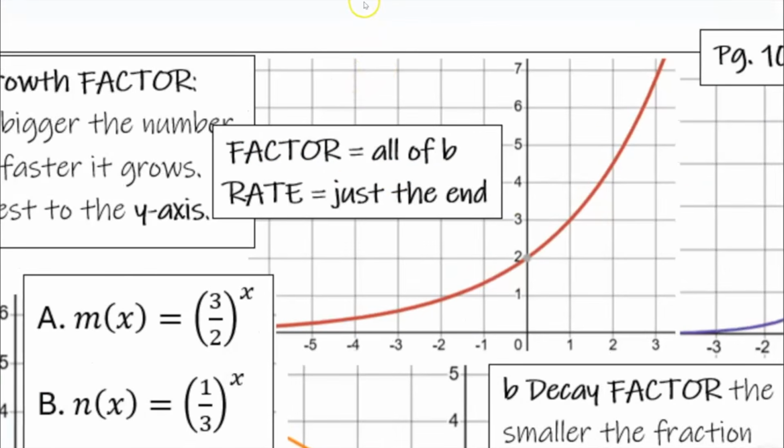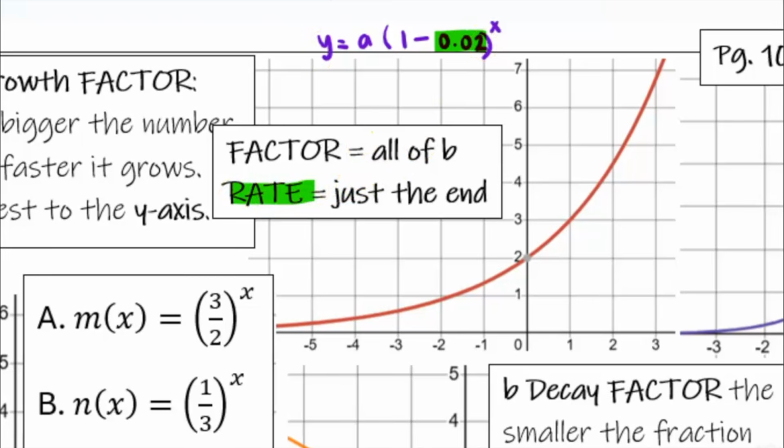So let's write some examples here because I want to also define your rate. So let's say we have y equals a, because I don't care what number that is, times 1 minus 0.02 to the power of x, and let's assume I don't have anything there. So this whole thing, everything in the parentheses, 1 minus 0.02, is your factor, whereas this little piece of it is your rate.